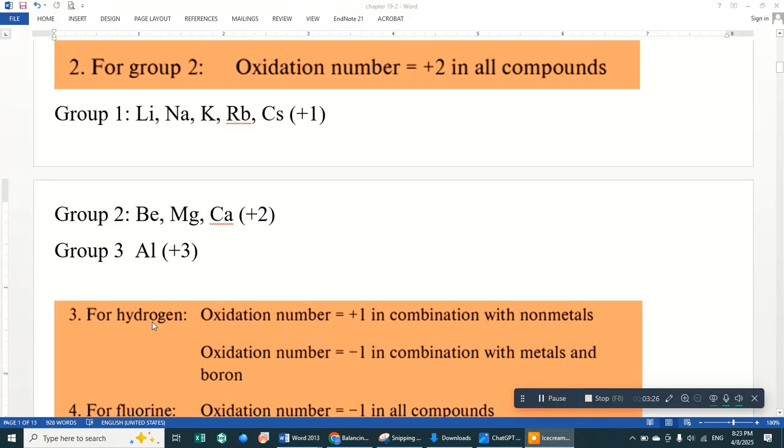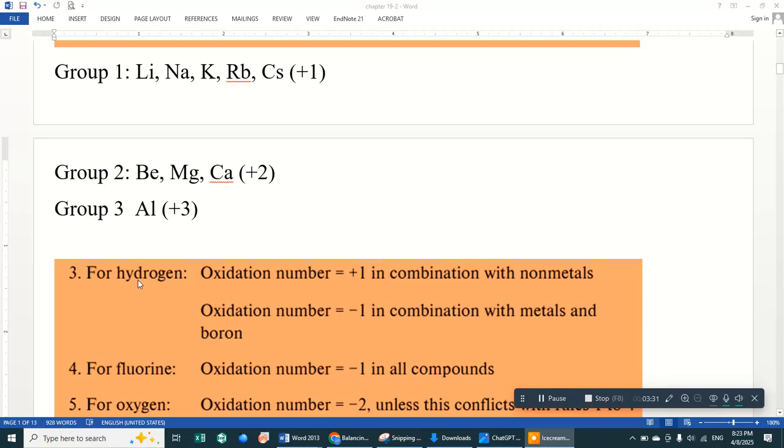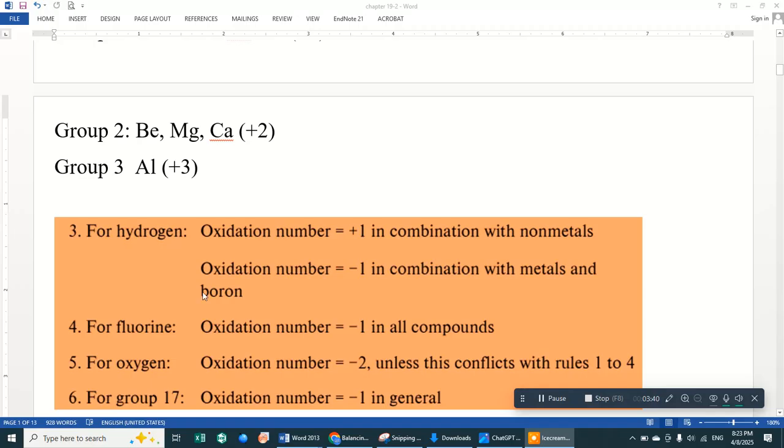Hydrogen is not a metal, it is basically a non-metal. Non-metals may show +1 and -1 oxidation states. Hydrogen shows the +1 oxidation state when combined with non-metals, and hydrogen shows the -1 oxidation state when combined with metals, for example in metal hydrides like lithium hydride, sodium hydride, and calcium hydride.